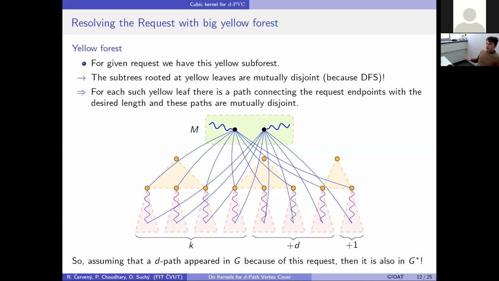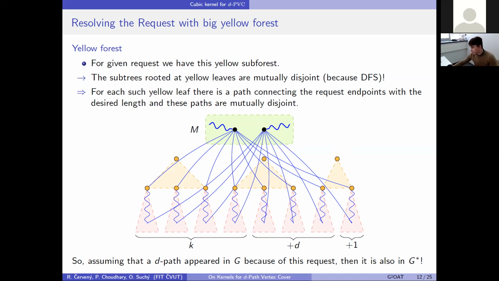That means that if we can find the structure, then the path of the (k+d+1)th yellow leaf must also be in the original instance. Hence the contradiction with the fact that the solution for the reduced instance was a solution for the original instance.